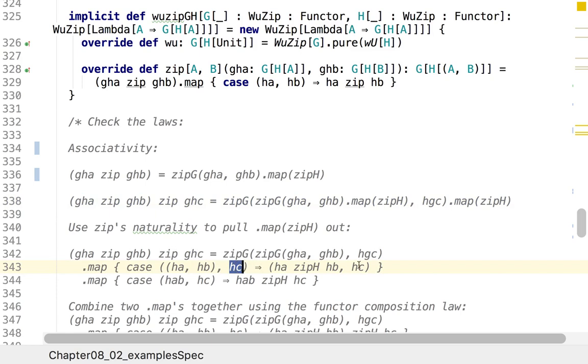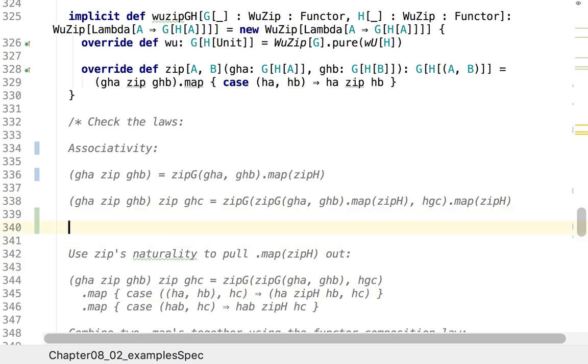So this is unchanged, and zip h is now acting on these two, because it was acting on these two. So I'm just using the shorthand. Let me describe it. It's the same as map of case HA, HB, HA, zip H, HB.